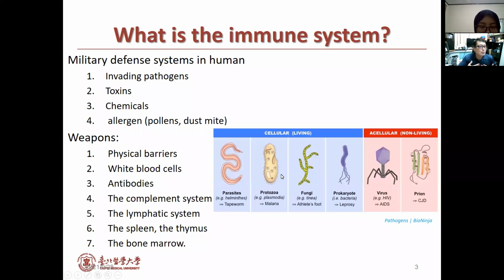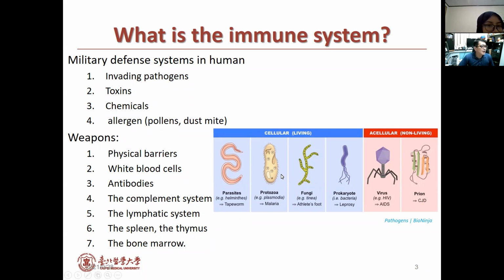That's our immune system, our military. It is a military defense system in the human body that tries to get rid of invading pathogens or microorganisms that set up in our body. And not only pathogens, also a lot of chemicals, toxic substances, and also some allergens, pollen, dust mites. The immune system tries to resolve those kinds of problems.